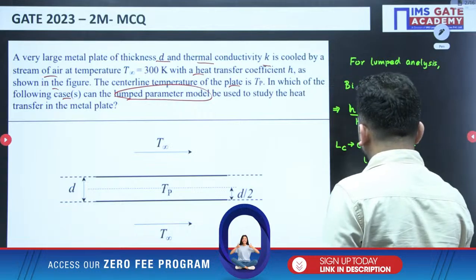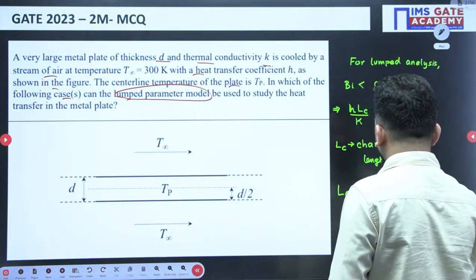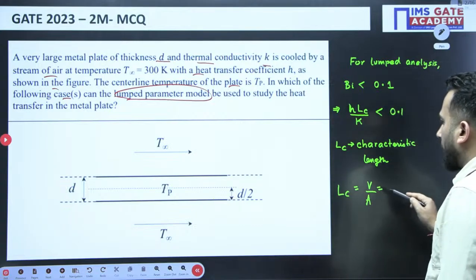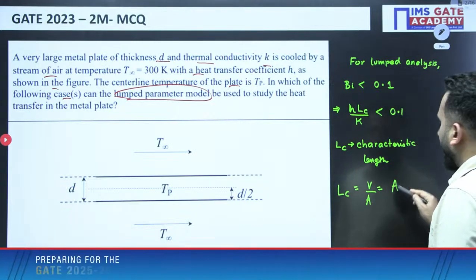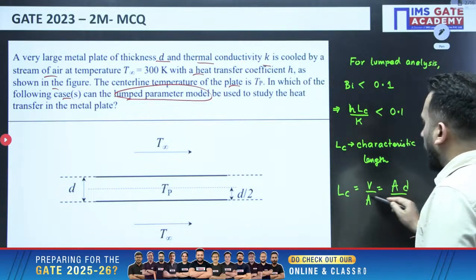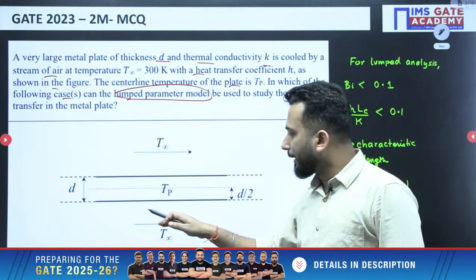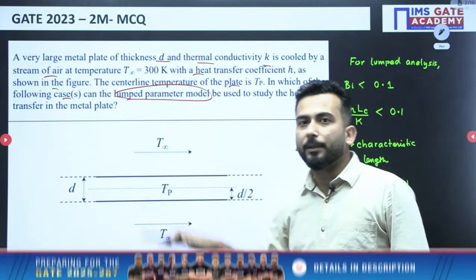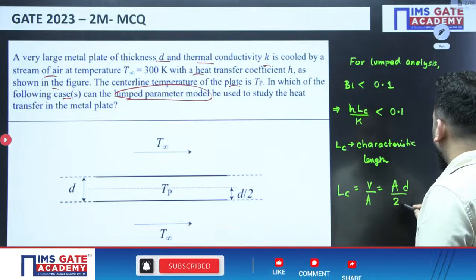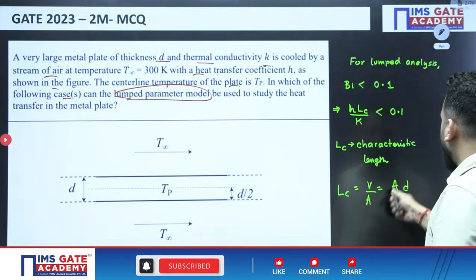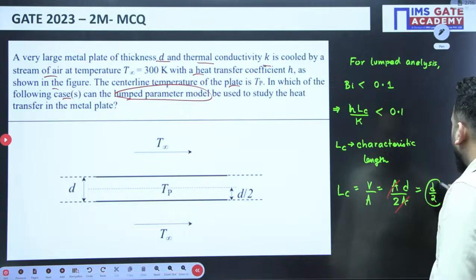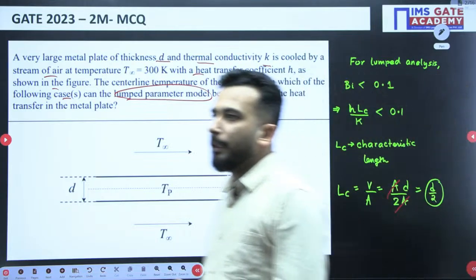So what is your Lc? Lc is volume by total surface area. Volume is A into D, and since convection takes place on both sides, I will use 2A. So A and A get cancelled and it will be D by 2.